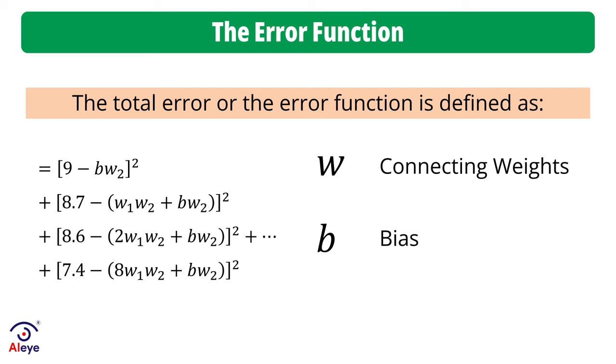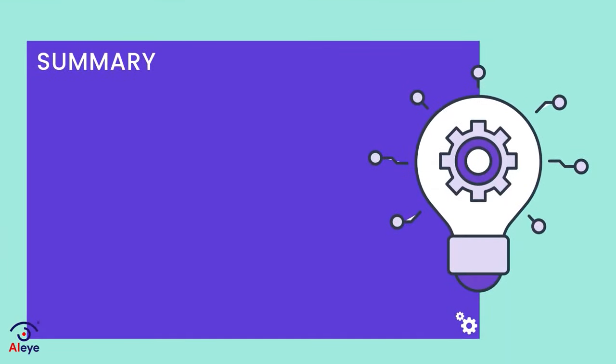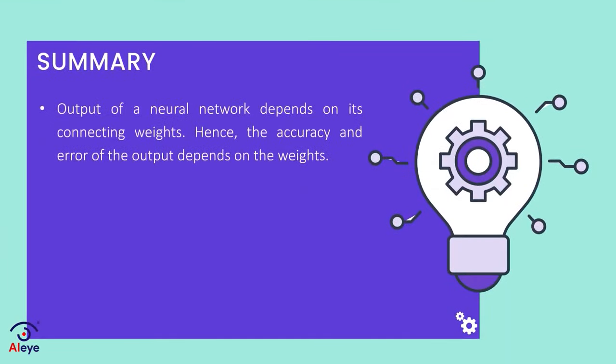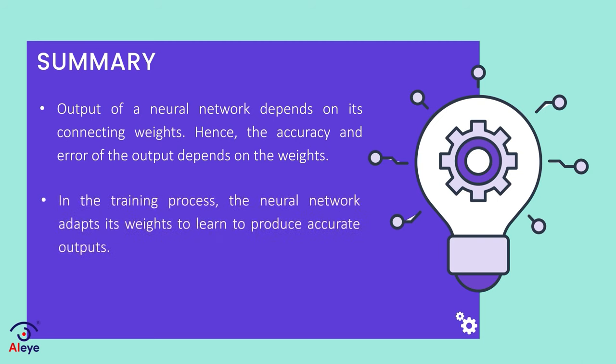This is exactly what happens in the training and learning process of the neural network. In summary, output of a neural network depends on its connecting weights. Hence, the accuracy and error of the output depends on the weights. In the training process, the neural network adapts its weights to learn to produce accurate outputs.